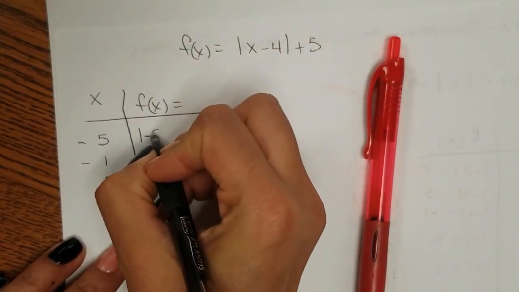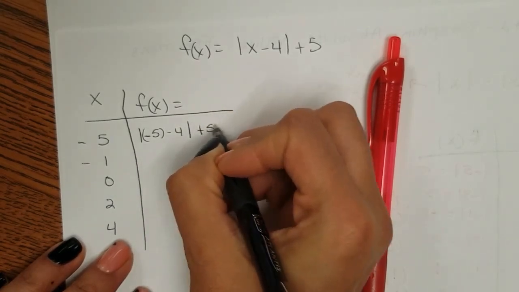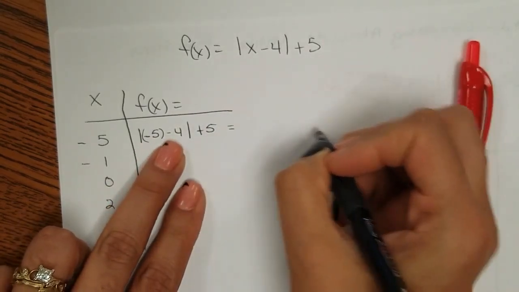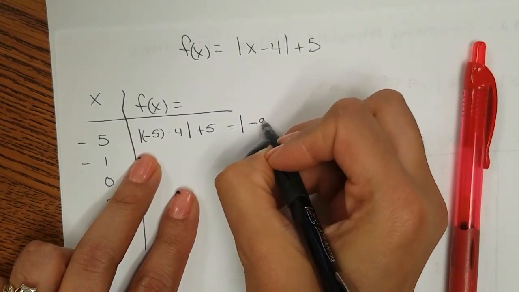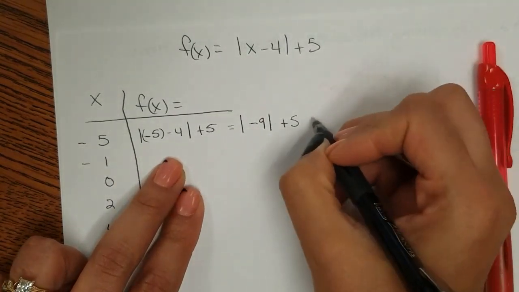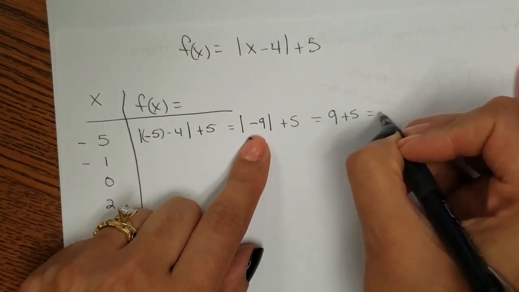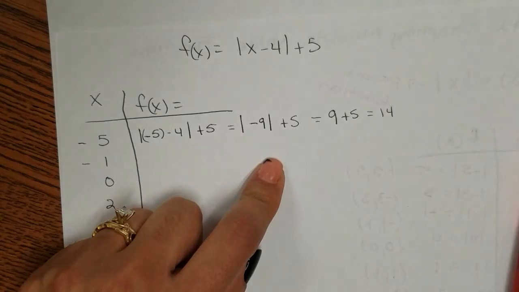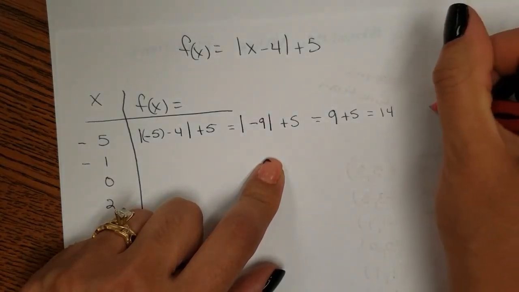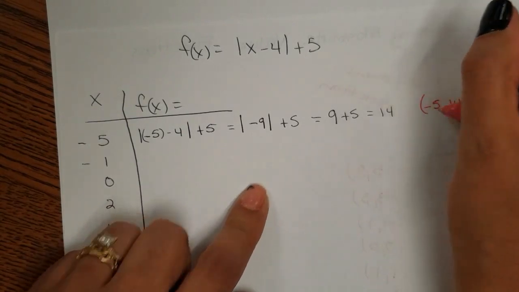So I plug in -5 for x, -5 minus 4 is -9, so we have the absolute value of -9 plus 5. When we take the absolute value of something, it becomes positive. So there we have 14. So then if we're graphing it, that's the point (-5, 14).